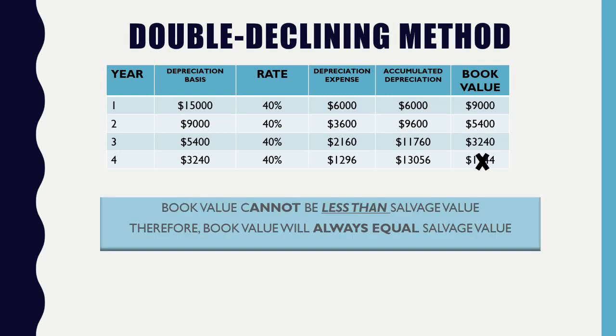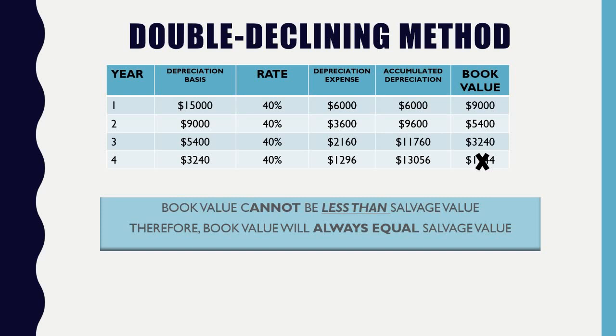Since my book value fell below salvage value, what do I need to do here? In this case, you need to work backwards, because at least we can identify this, right? If the 4th year, assuming this, because you're depreciating it twice as fast, that means it's not going to last you for the entirety of its life.